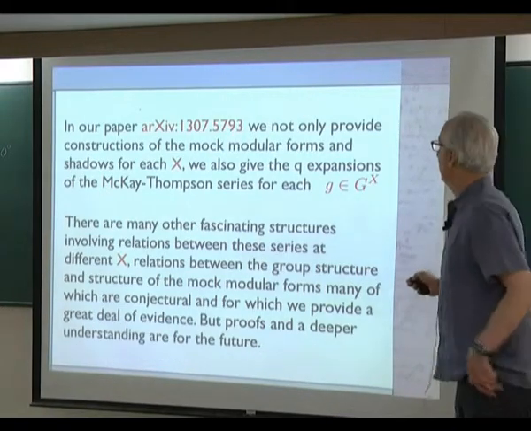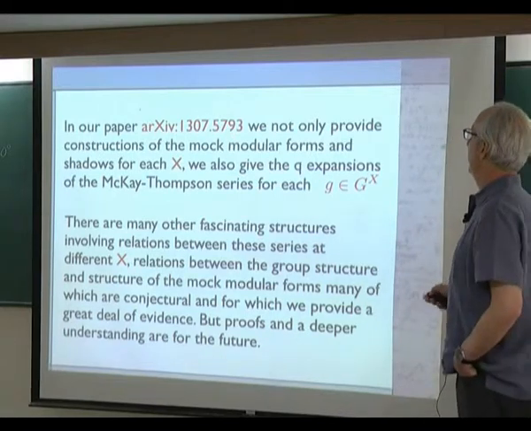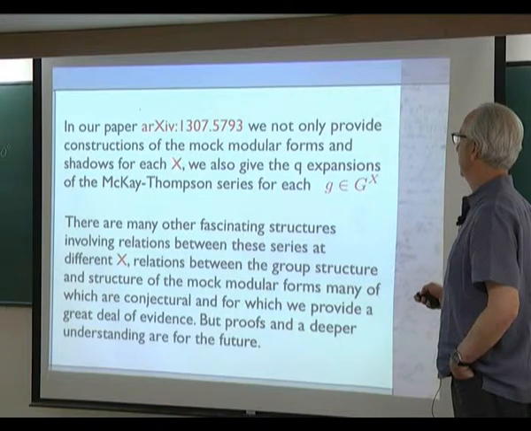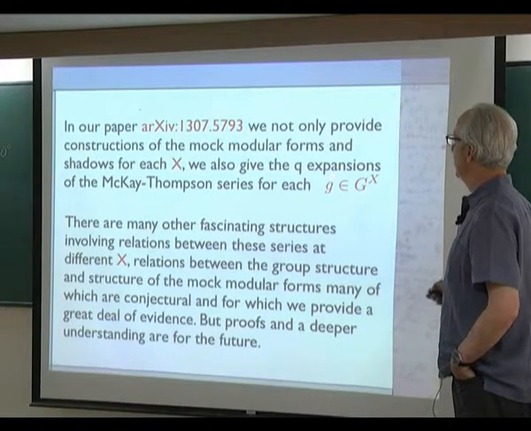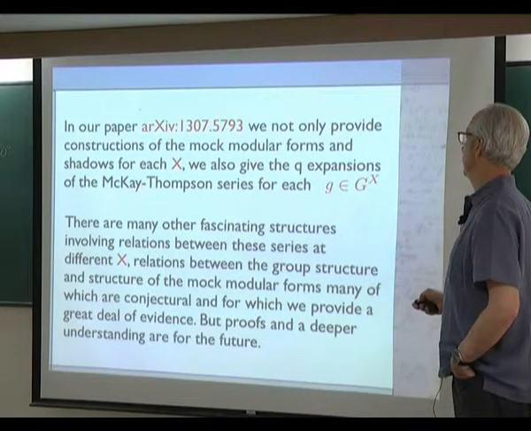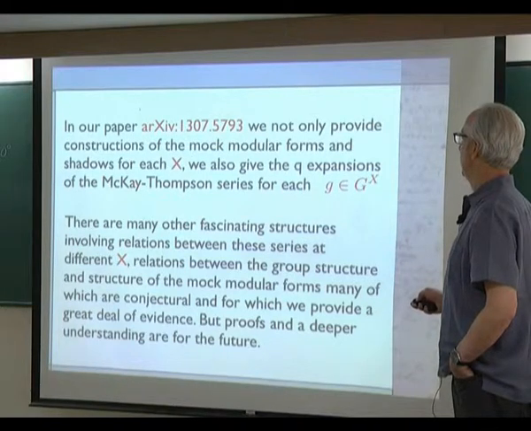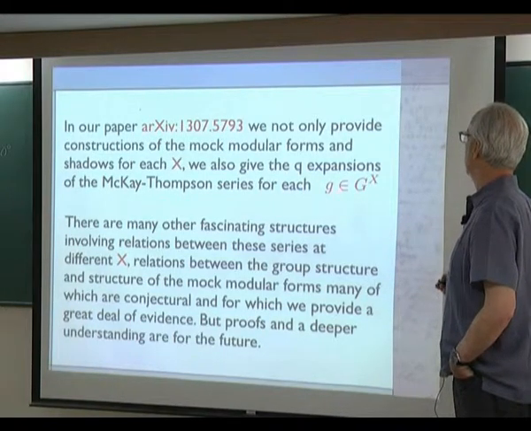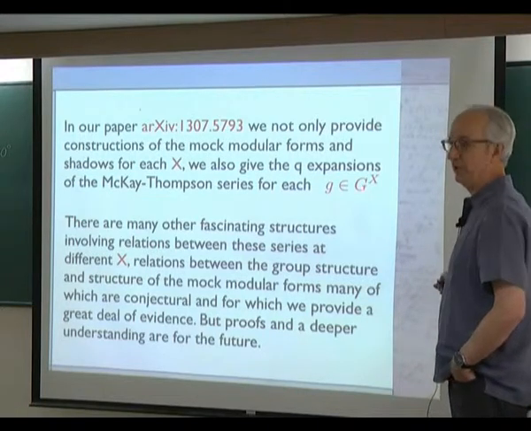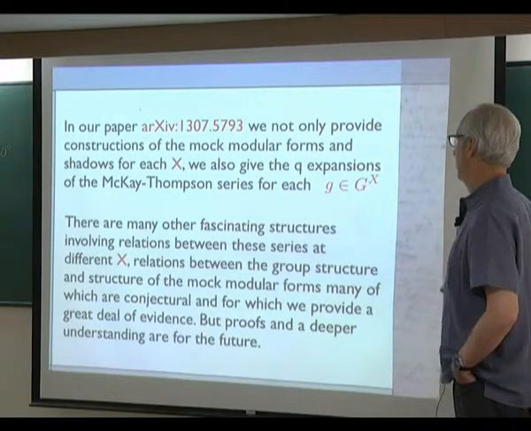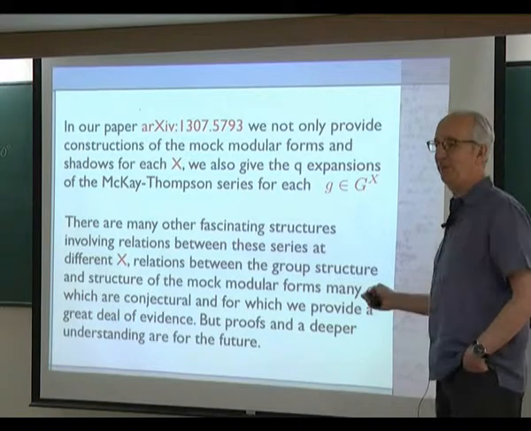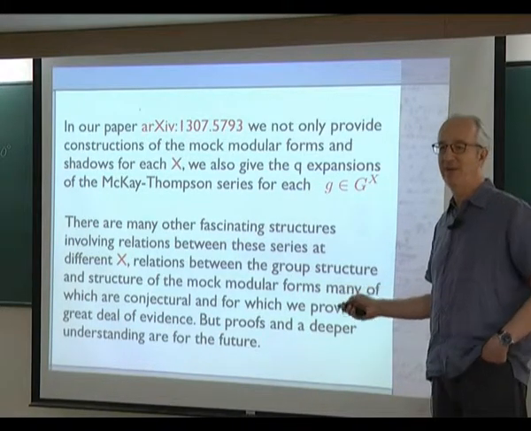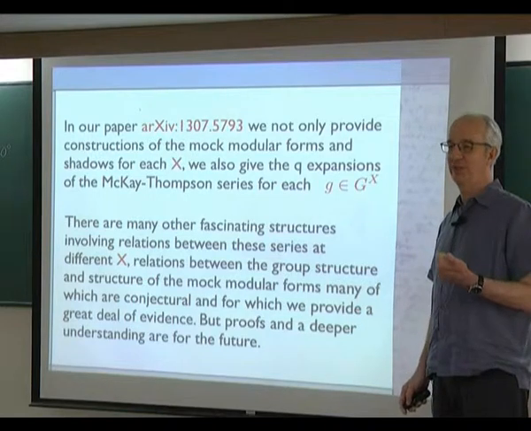So in our paper, we provide constructions of the Mach modular forms and the shadows for each of these 23 X. And we also give the Q expansions up to order something like Q to the 25th of the Mackay-Thompson series for each group, for each conjugacy class of elements of the group G of X. So this is why the paper has something like 190 pages and 120 of them are tables, because there are 23 examples.